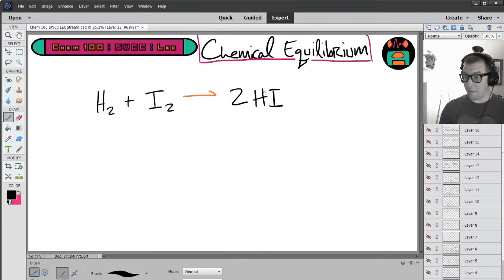But to show that the opposite process is also happening, you draw an arrow, just like we drew an arrow going from the reactant side to the product side, you draw an arrow going from the product side to the reactant side, because that second reaction is also simultaneously occurring, all right? And there's just a little bit of nomenclature. We call this the forward reaction.